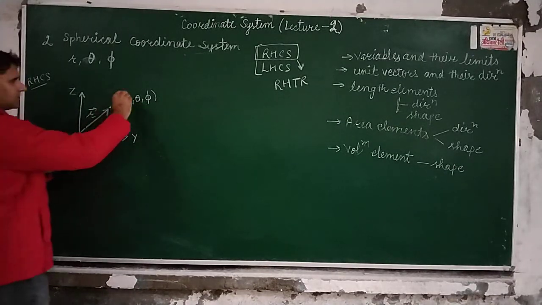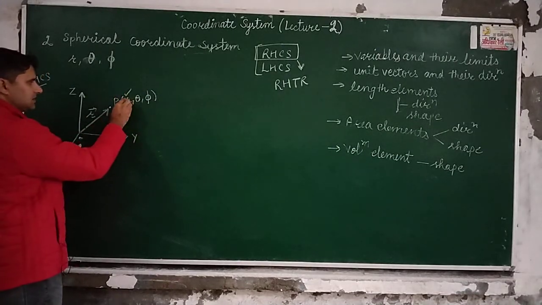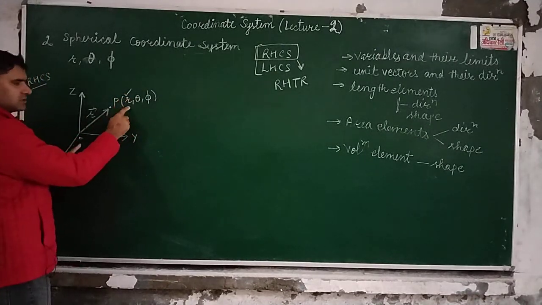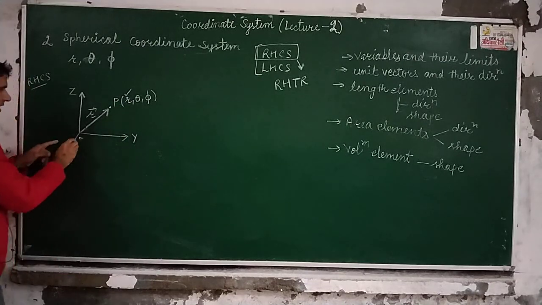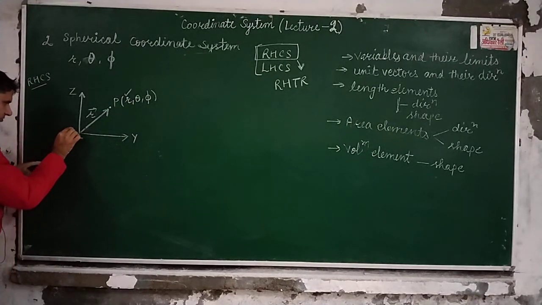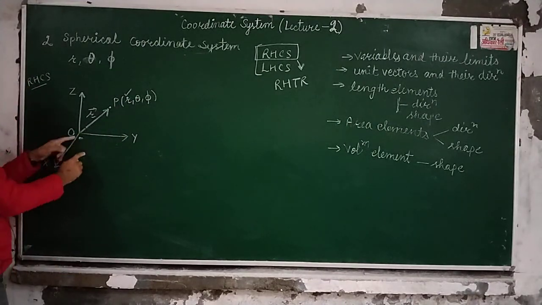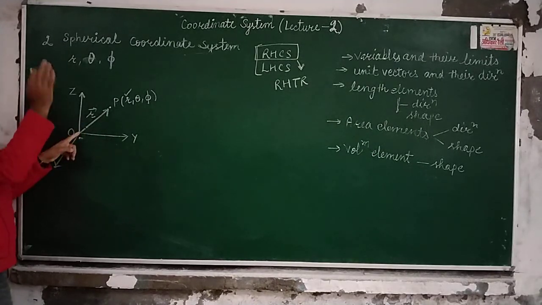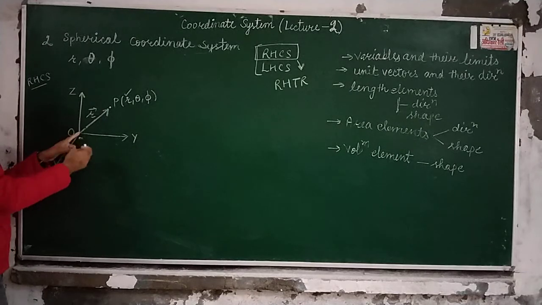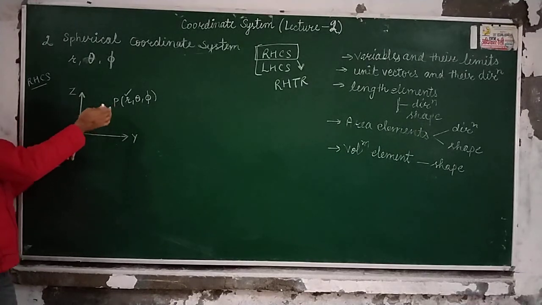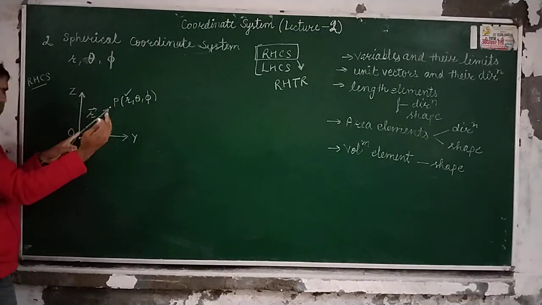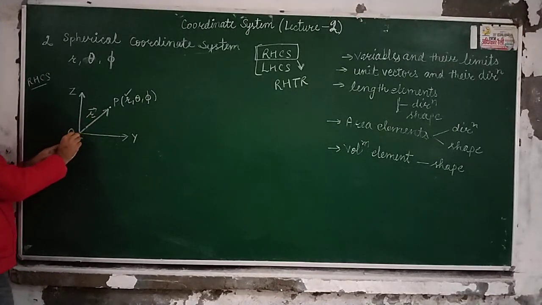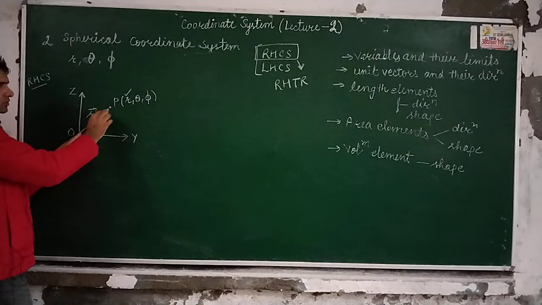Take the first coordinate. See from where you measure r. r is measured from the reference point, that is the origin, so it starts from here in all three dimensions, in all space. If you take point P at some other position, r will still be measured from the center, up to infinity.